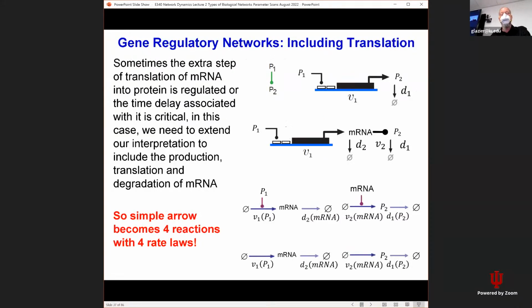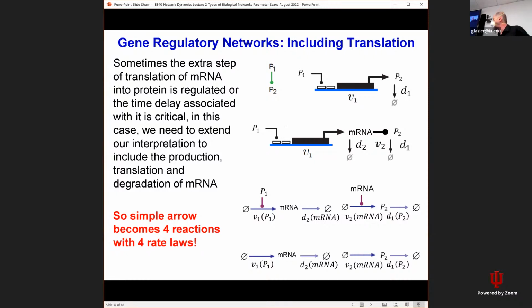If we care about the delays, then we usually will include the step of the gene produces the messenger RNA, the messenger RNA produces the protein. That allows some additional regulation, but the primary thing that it does is it slows things down. And that's often pretty important. And so again, I started out with something that looked very simple.